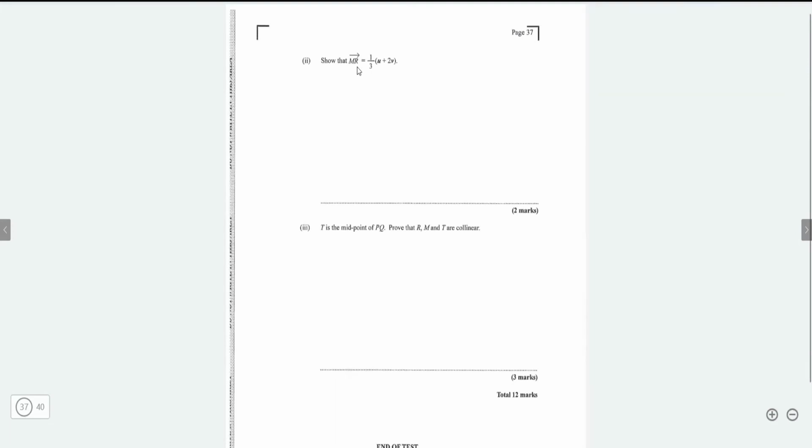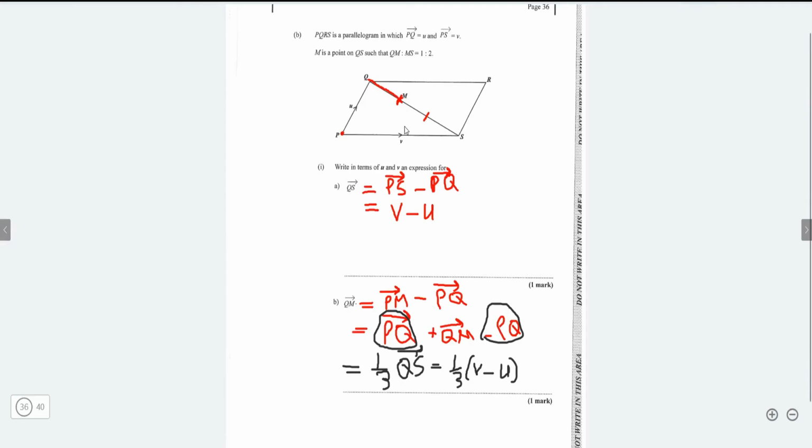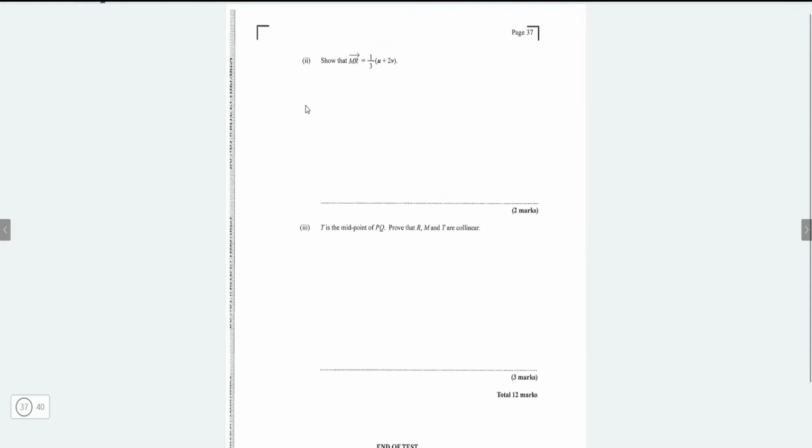Now it says show that MR is 1/3 of U plus 2V. That's MR, from M to R. Going from M to R, we can go from M to S, then S to R. Let's write that down.